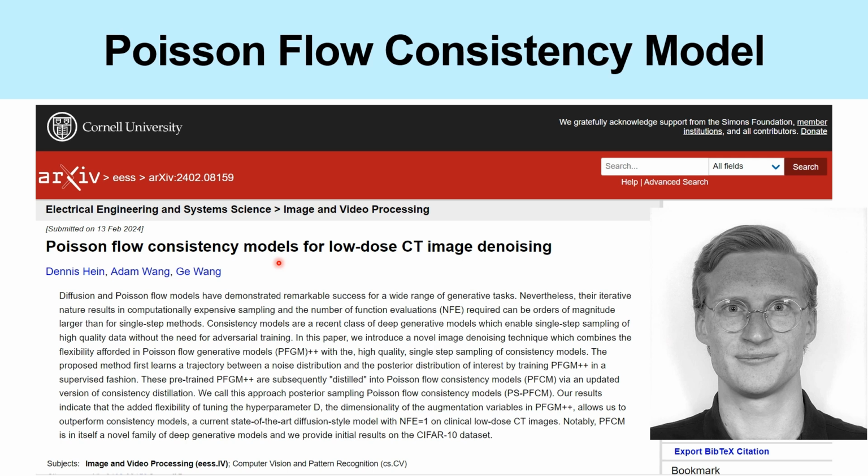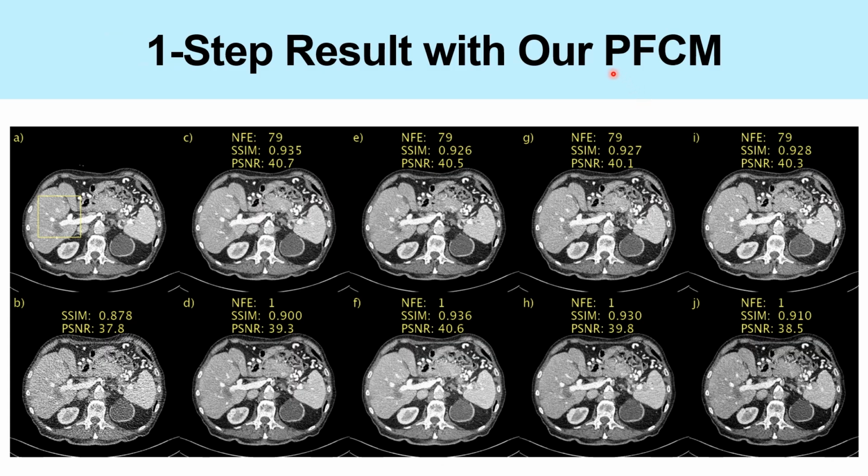So we combine both, and this is the arXiv paper. We use low dose CT image denoising as the initial application. The first author is Dennis Hein, and he has the major credit for this work. That's why we call our model PFCM: Poisson flow, consistency model.